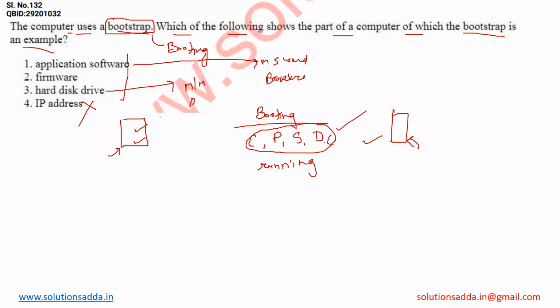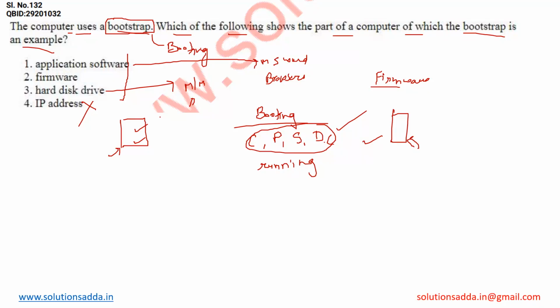So the initial program is called firmware. When the device is off and you switch it on, a firmware is executed and the booting process will start. So it is called the bootstrap program.